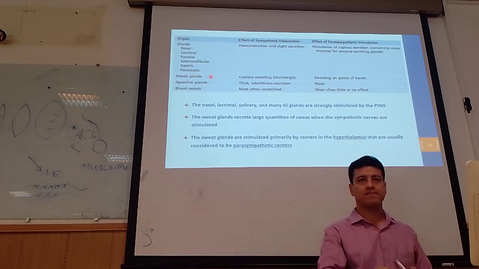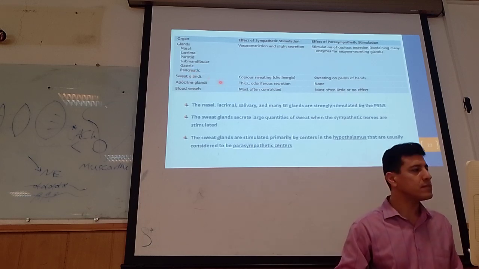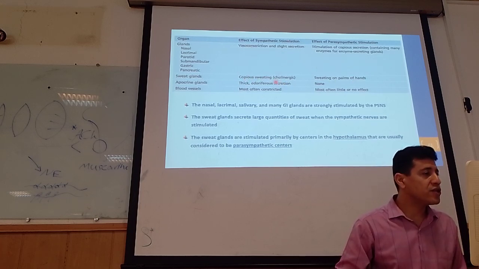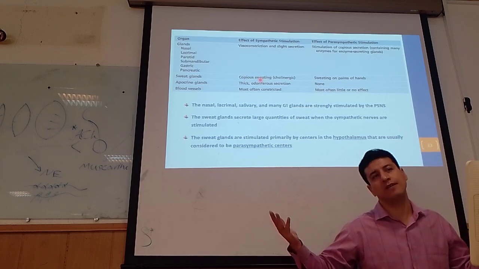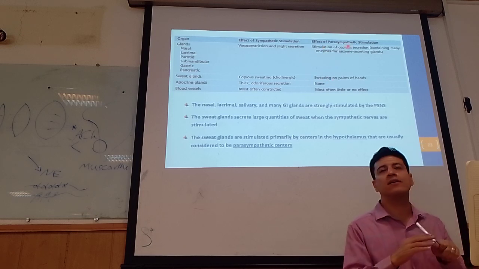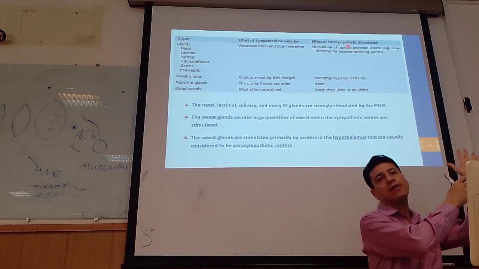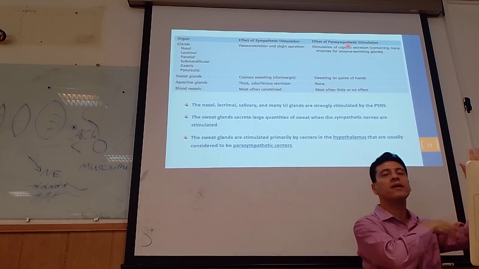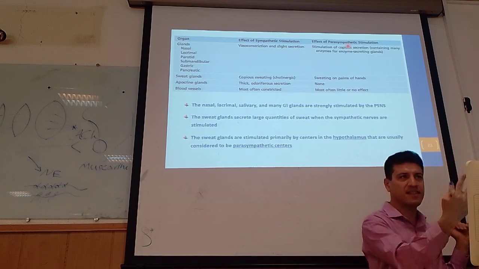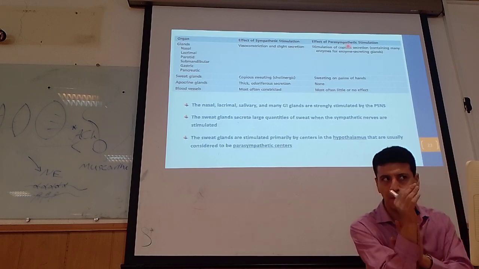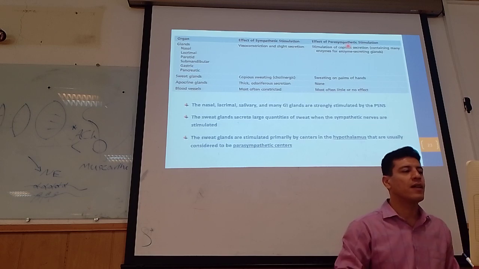Sweat glands in the skin. So, sympathetic innervation causes copious sweating, a lot of sweating, but parasympathetic innervation only causes secretion from the sweat glands in the palm, only this. So the body is innervated by the sympathetic nervous system, but the palm is innervated by parasympathetic nervous system.